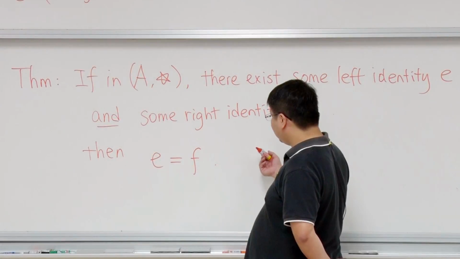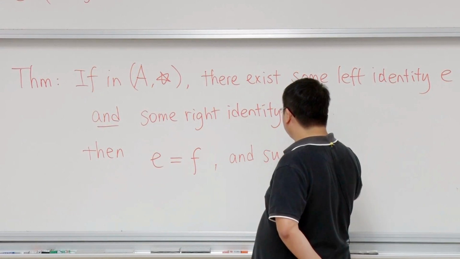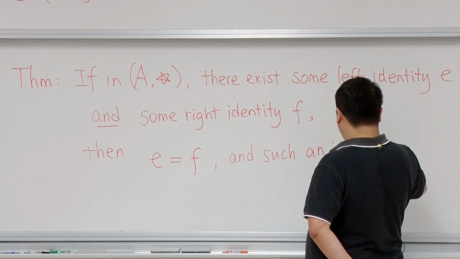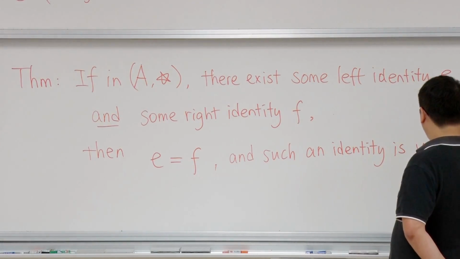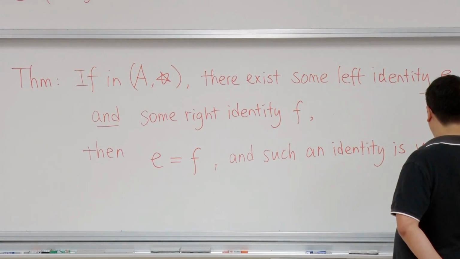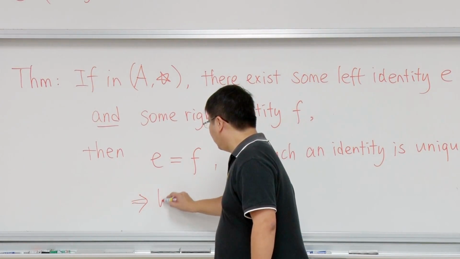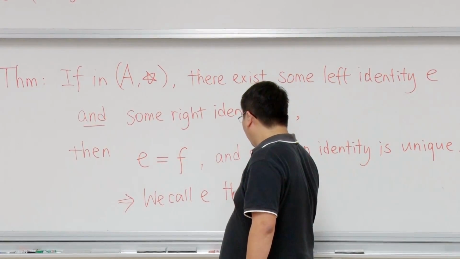And such an identity is unique. So in that case, we call E the identity.